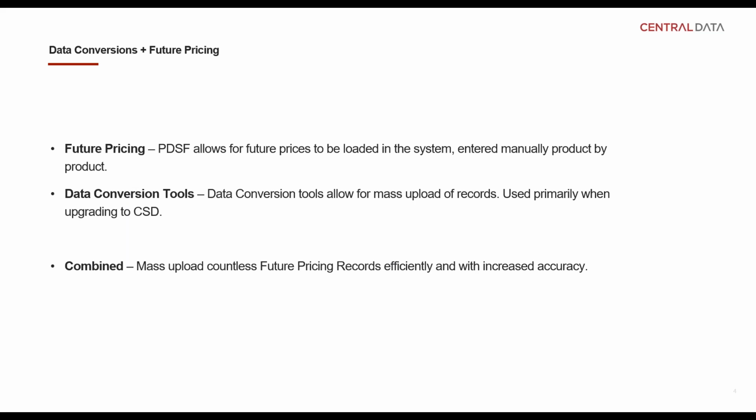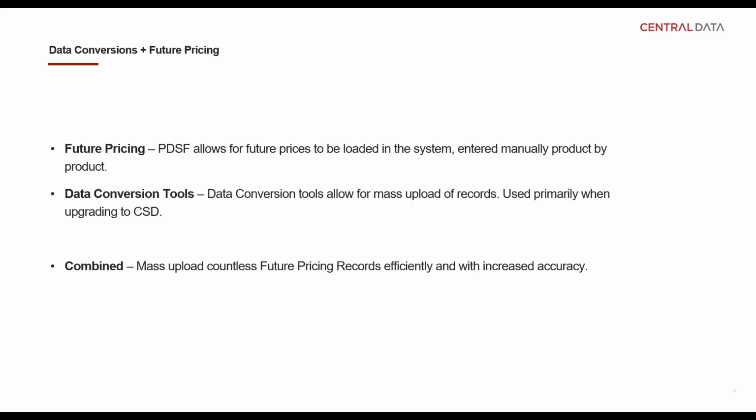And then those data conversion tools, most people are familiar with them when they're upgrading, either they've acquired a company and they need to bring data in for a new warehouse, for a new set of products or customers, or they are migrating to CSD or SX from a different ERP, and all that data needs to be extracted from that ERP and put into the system.